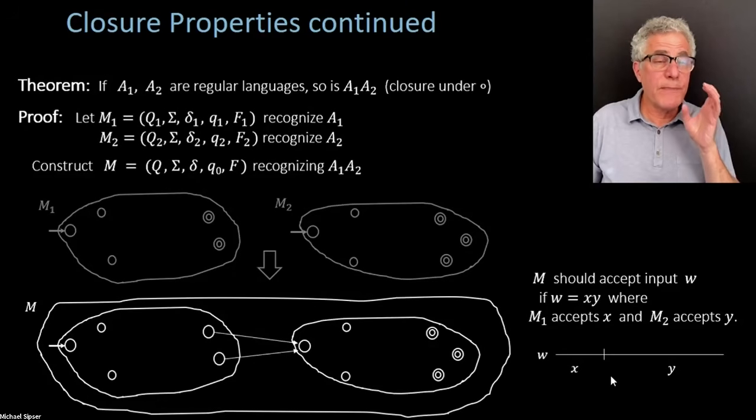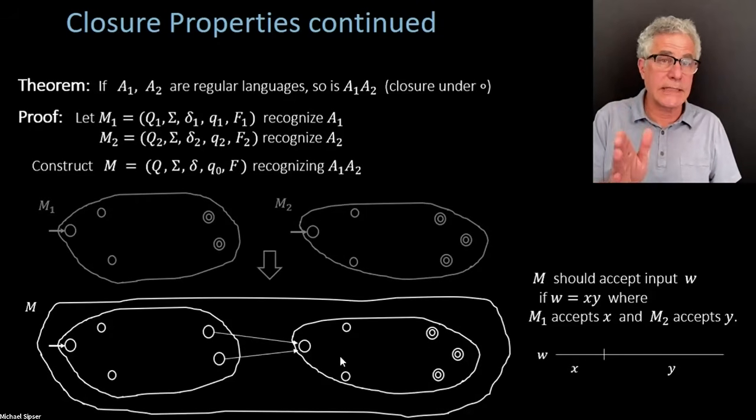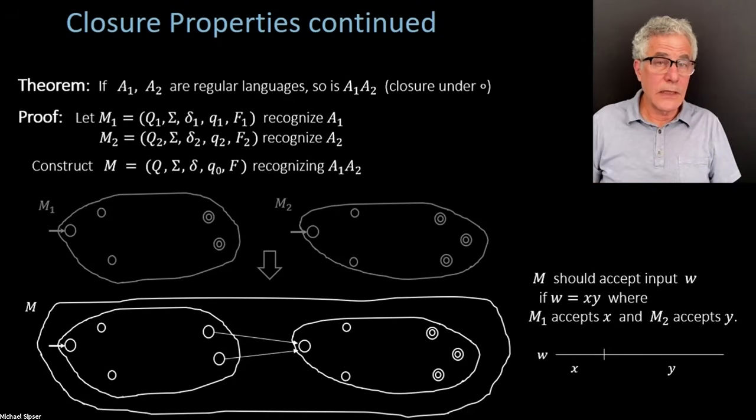And what you might have been better off doing is waiting longer in M1, because there might have been some other later place to split W, which is still valid. Splitting W in the first place where you have M1 accepting an initial part may not be the optimal place to split W. You might want to wait later, and then you'll have a better chance of accepting W.